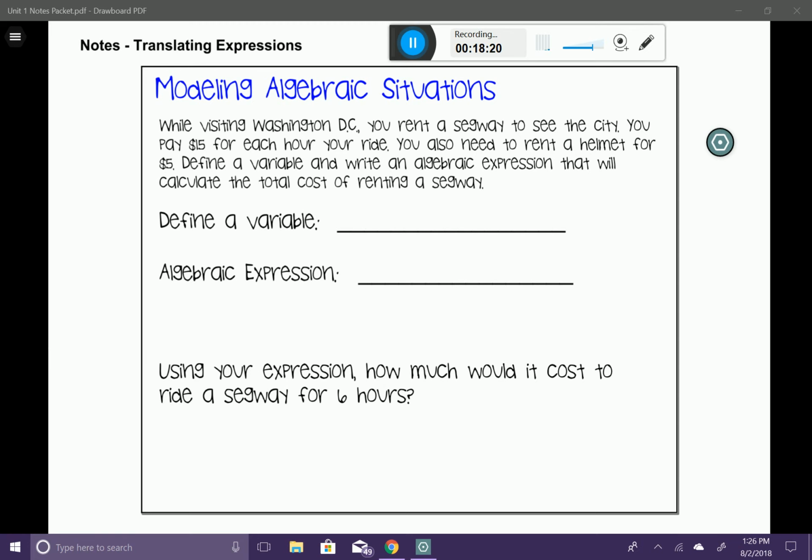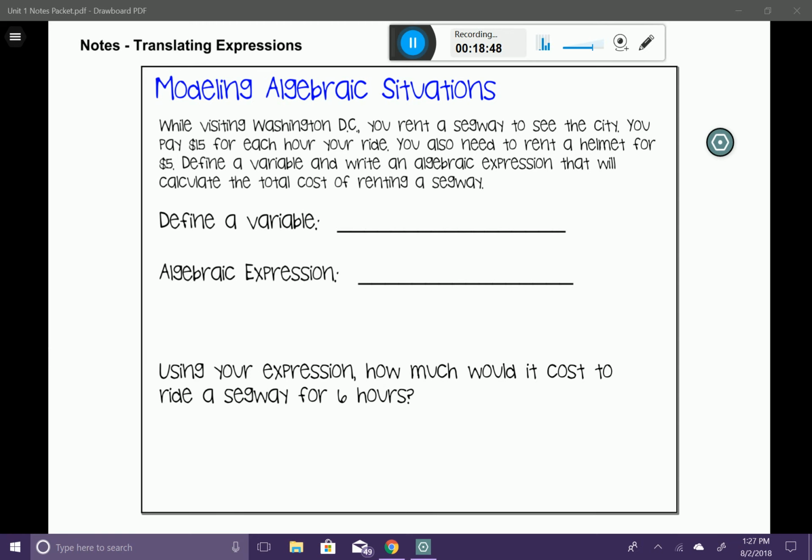All right, in these examples, this is a great way to start Algebra 1 because we're always defining a variable. We have a variable that is an unknown, we don't know what it is, and we're trying to figure out what it is. So let's go ahead and define the variable here. We can see that we're going to pay $15 for each hour that we ride. Well, couldn't we ride our Segway for 1 hour or 2 hours, or we could even ride it all day if we wanted?